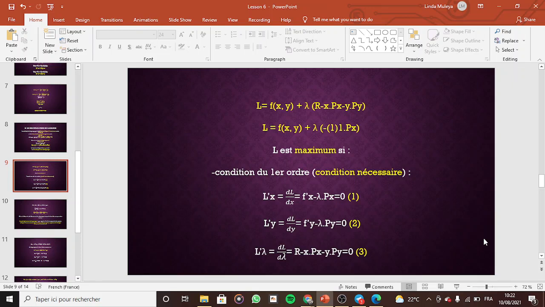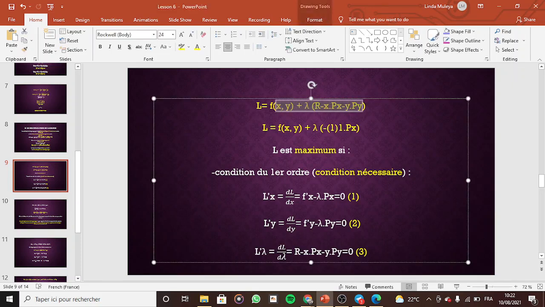Alright. So we'll start from our formula for L. This is our major formula, and this is what we'll use to differentiate and find the values of x and of y and of Lagrange. So the first thing that we'll do is we'll differentiate our formula in terms of x. So let's bring this back here, following what we have.